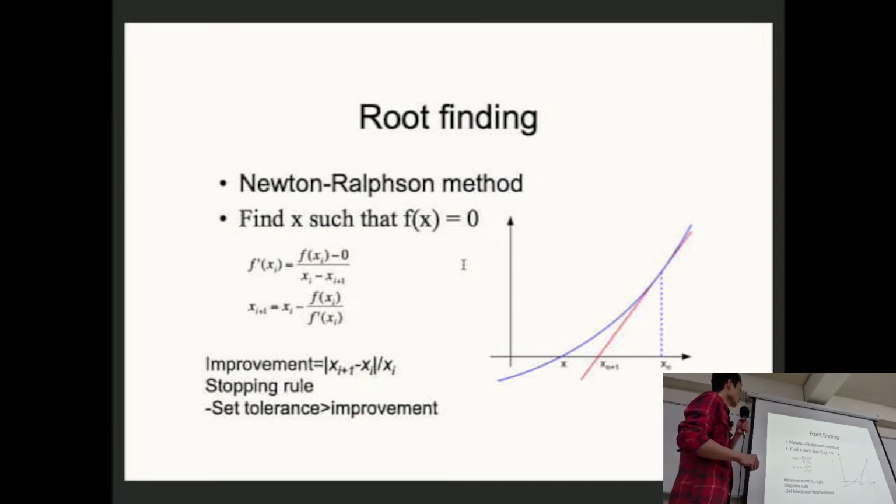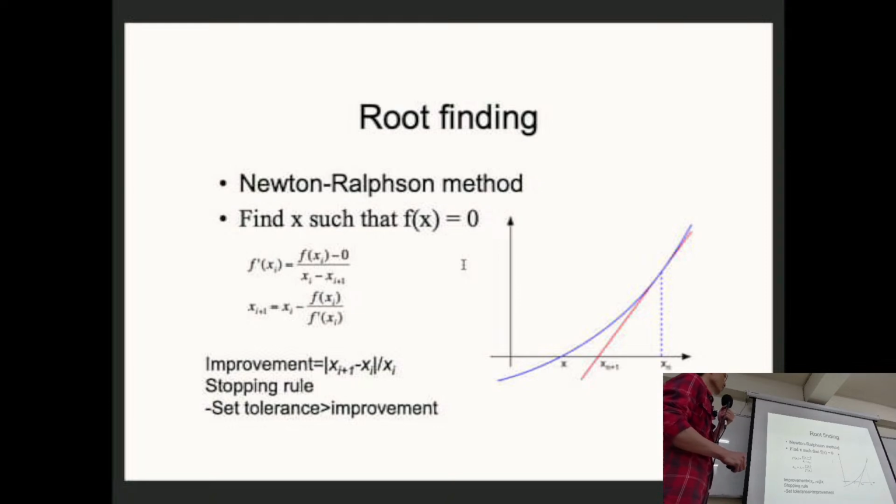Okay. So suppose we have an equation f of x, and we are able to calculate f prime. We need to be able to calculate f prime. There are certainly some conditions where we are not able to calculate f prime. In such a case, this method cannot work. So we need to require that f prime can be analytically calculated.